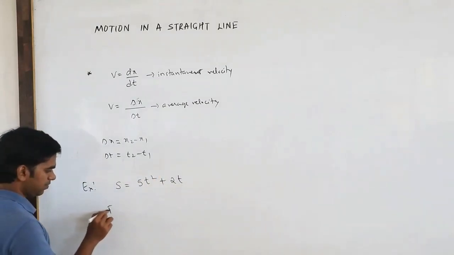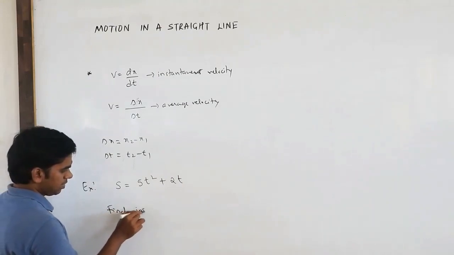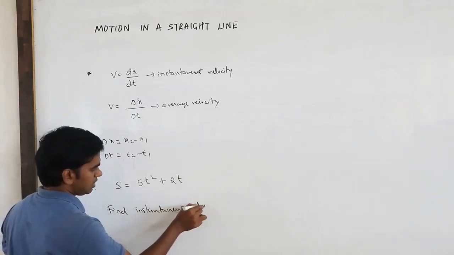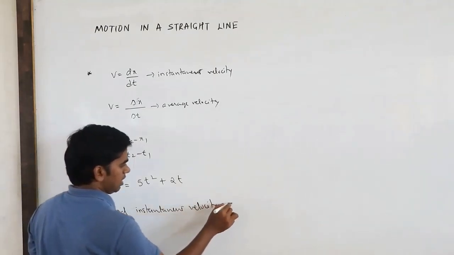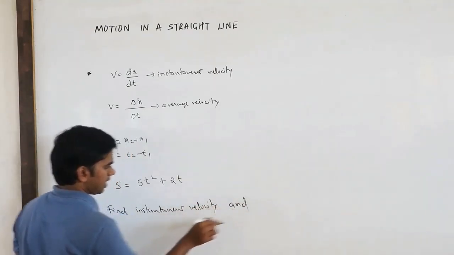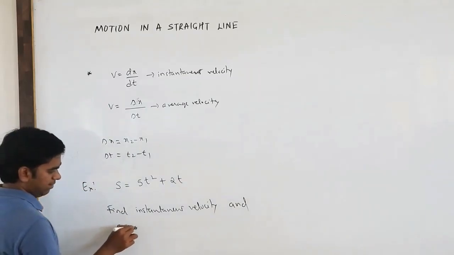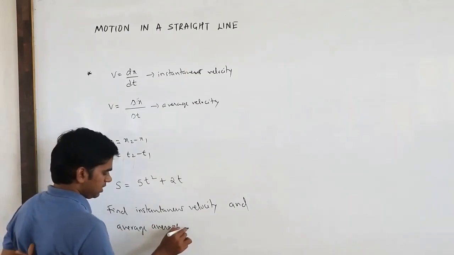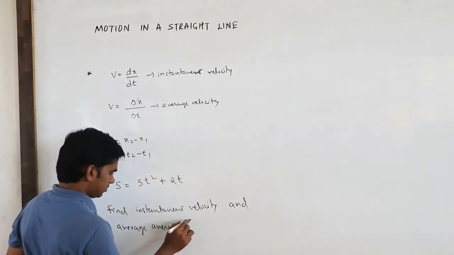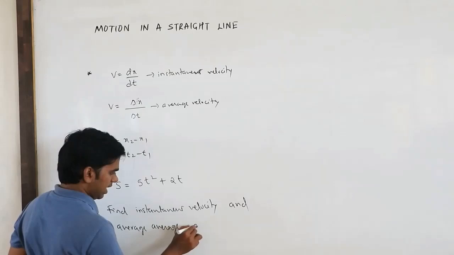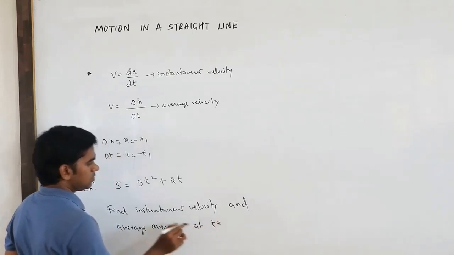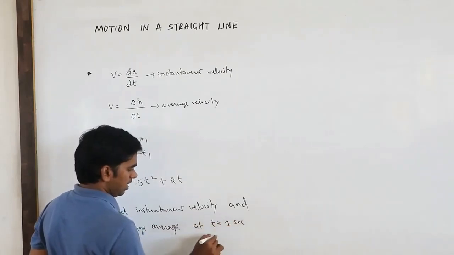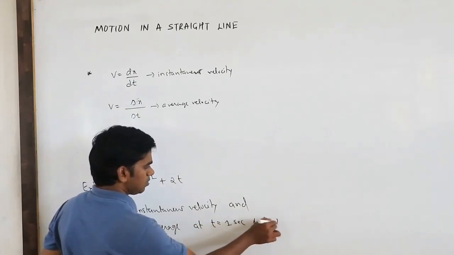So what is the question? Find the instantaneous velocity and the average velocity at t equals 1 second and t equals 2 seconds.